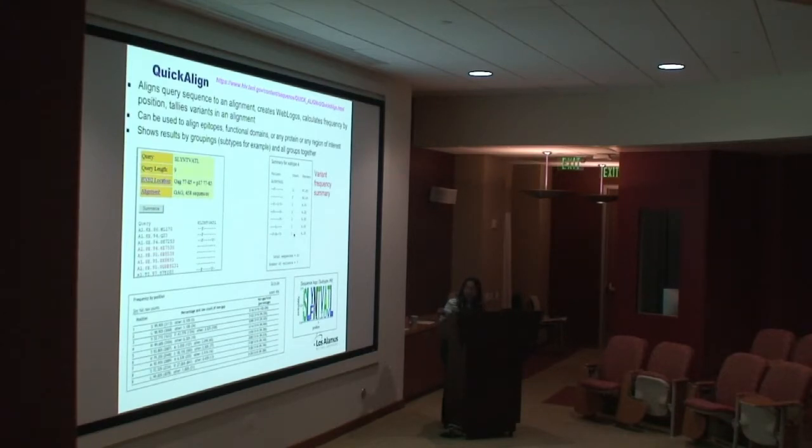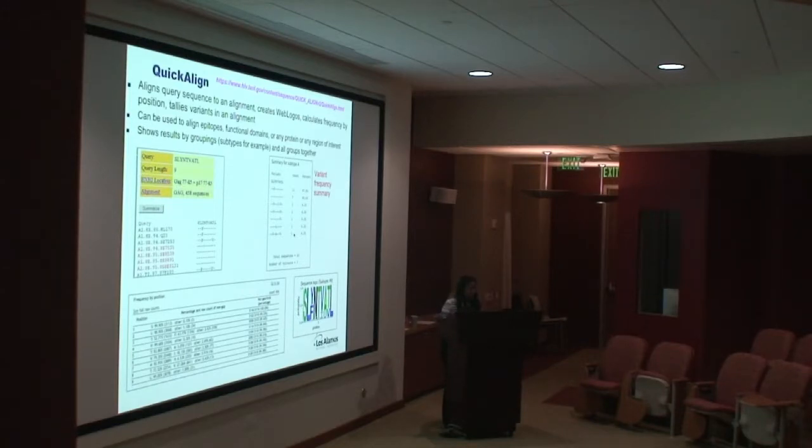And then it's gone. Remember I said quick align and I didn't show it to you? Well, this is a different tool, quick align, and it's just a quick way of aligning sequences and creating different outputs. It aligns your query sequence to an alignment.